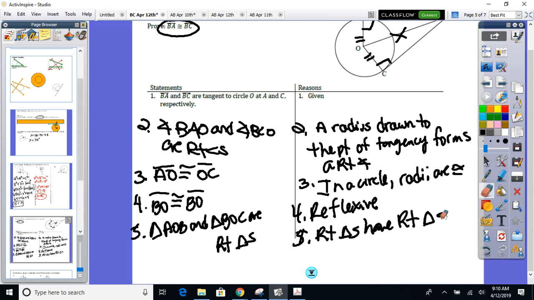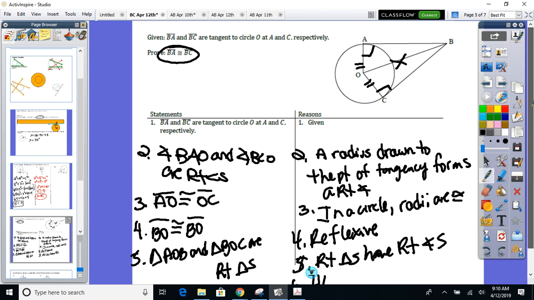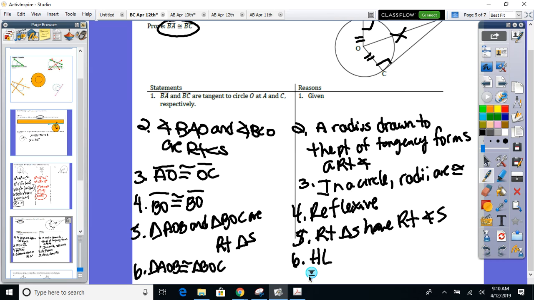Right angles, and then you can tell me they're congruent, and then the sides are equal. So triangle AOB congruent to triangle BOC, HL, and then CPCTC. BA congruent to BC.